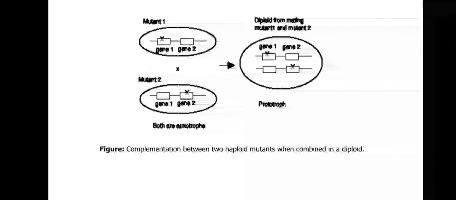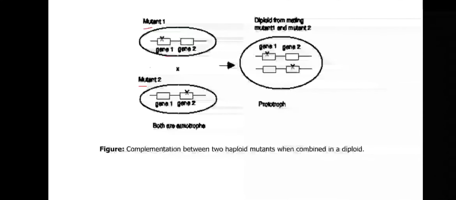So let's suppose this is mutant 1, this is mutant 2. We know that in mutant 1, gene 1 was mutant.